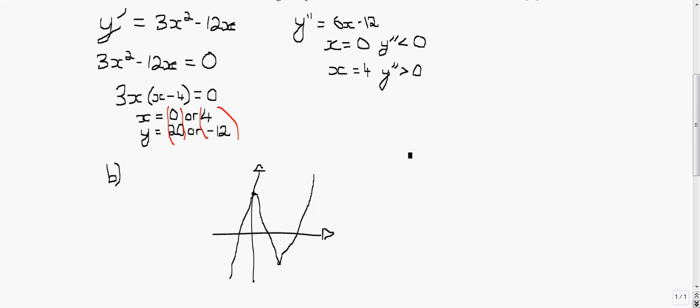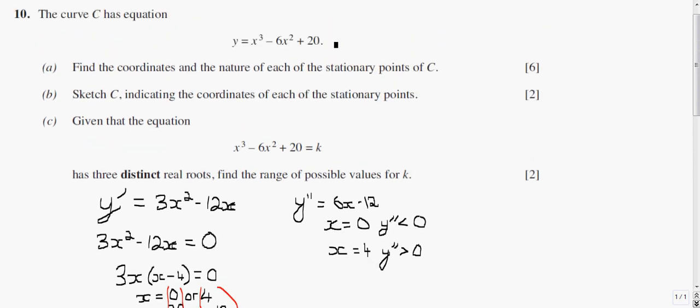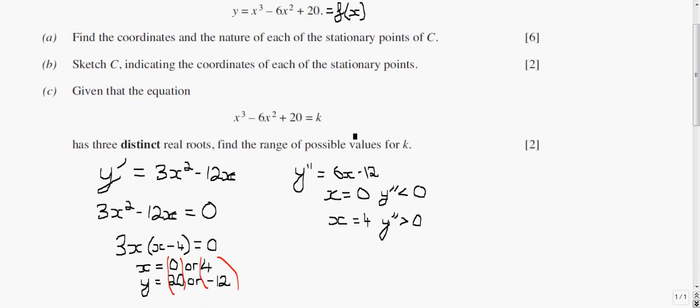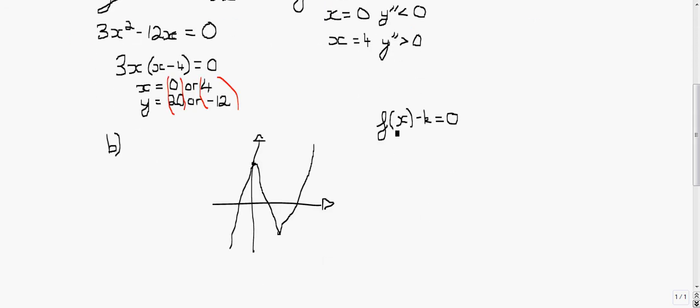So if we call this function here f of x, then we can come all the way down to this function, this bit here, and rewrite this as f of x minus k equals 0. And this might seem more familiar to you now, because this is just a transformation.